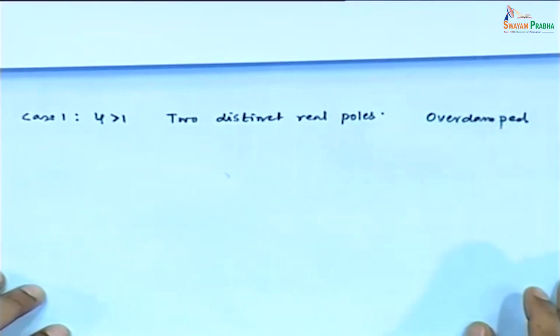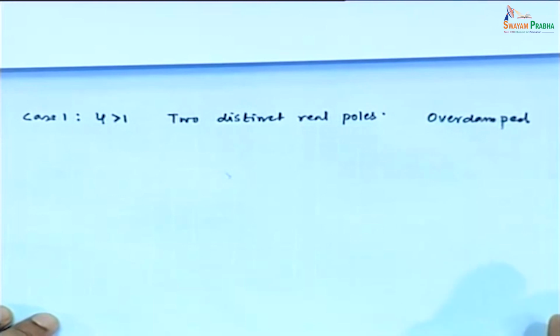The corresponding system response is called overdamped response. This is case 1 where we have considered damping factor greater than 1, and damping factor greater than 1 implies two distinct real poles.